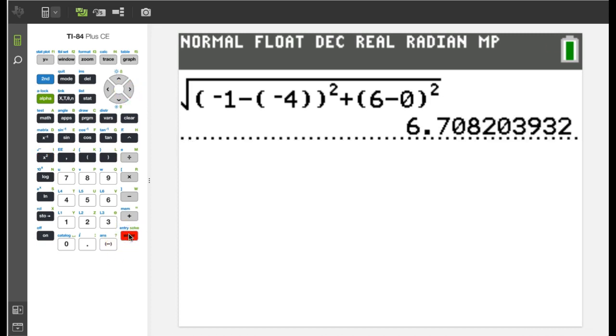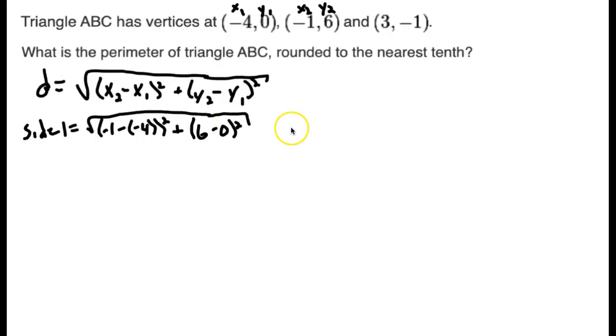So 6 point. Now the final answer we want to round to the nearest tenth, so I'm going to take it out to a few extra decimal places, say 3 decimal places, so 6.708. And then I just want to do that 2 more times.